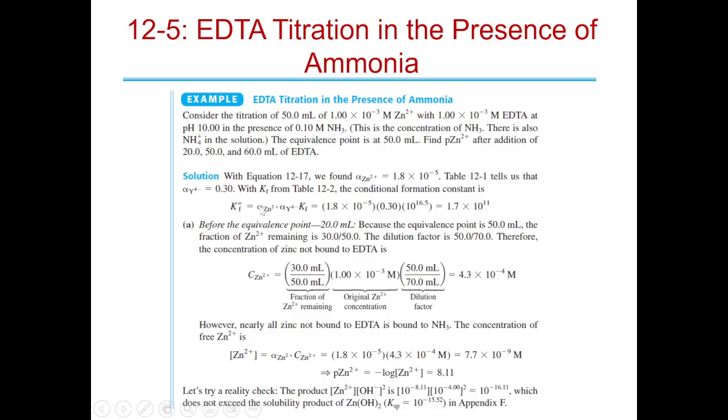And again, the activity form is just the fraction that's going to be in that, right? And so that's going to be your 1.8 times 10 to the negative 5 here that we found in that previous problem. And then the 0.3 for this one. And then you would take your KF, which is that value right there. Multiply them together, that would give you a modified KF.